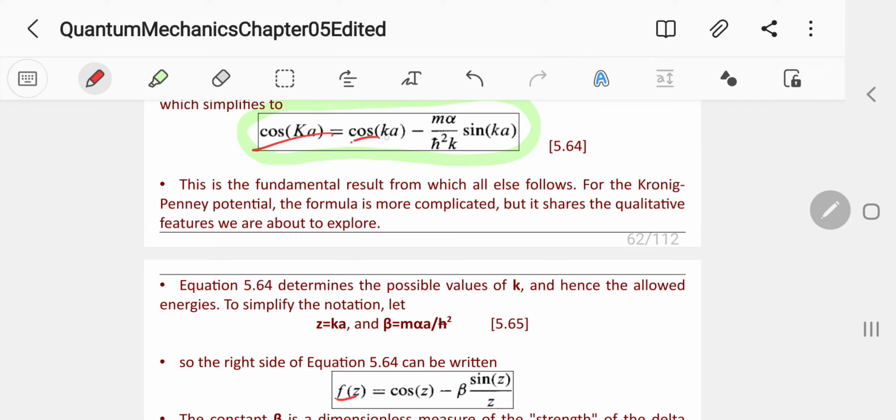This is cosine z, and then you can set this as beta, and this one is sine z over z.